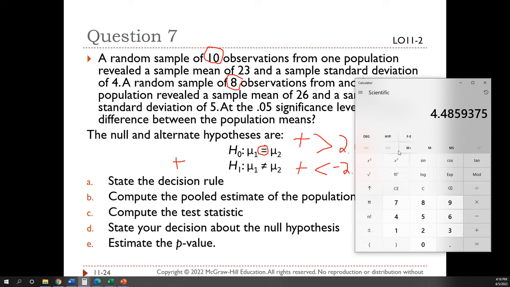Okay. Now we can take our 2 means. So the first one was 23 minus our second, which is 26. Negative 3 divided by the square root of 4.4859375. So we end up with negative 1.416. All right.